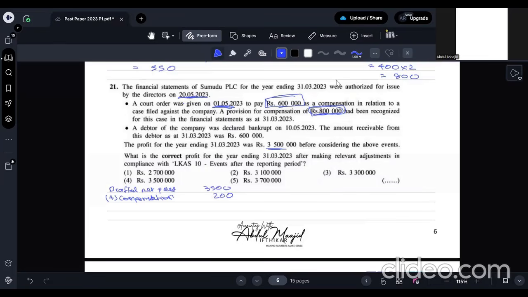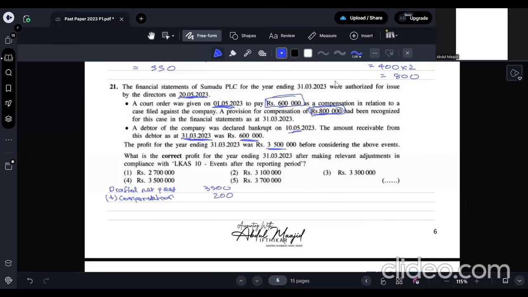Next one. A debtor of the company was declared bankrupt on 10th of May 2023. The amount receivable from this debtor as at 31st March 2023 was 600,000. So he went bankrupt before the authorization date and he was there as at the reporting date.